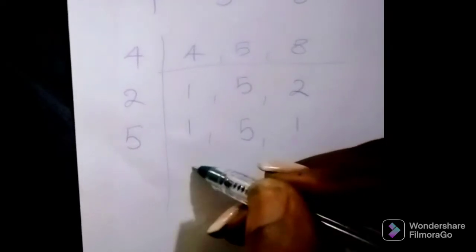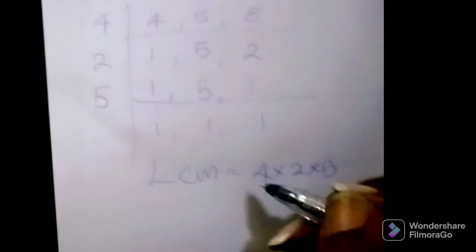Then we have 5, 5 gives us 1, 1 throughout. So our LCM is 4 times 2 times 5, which is 8 times 5, which is 40.